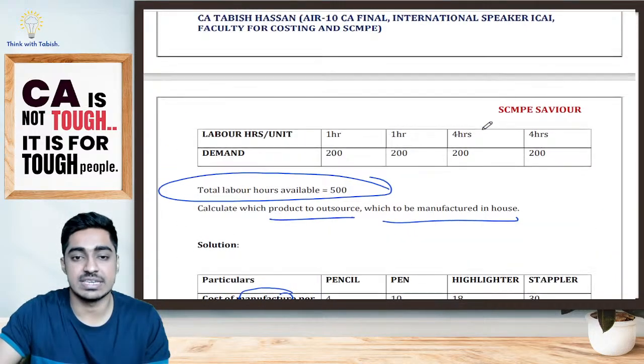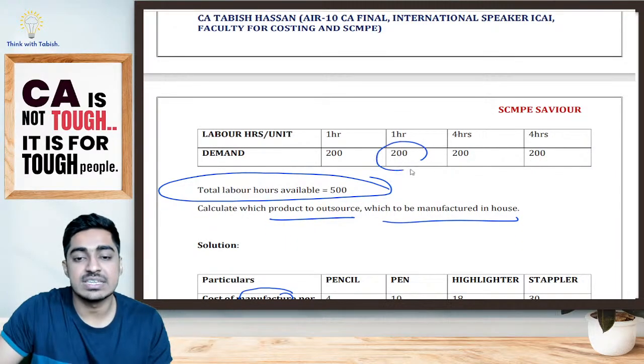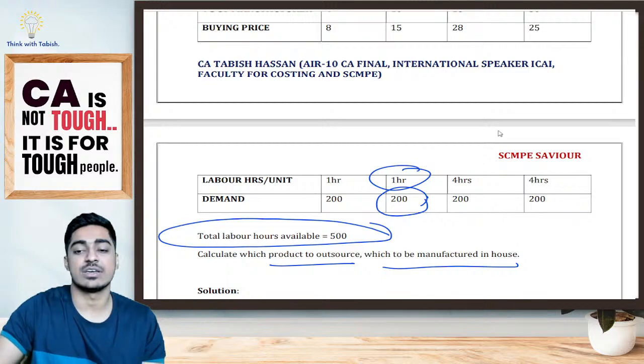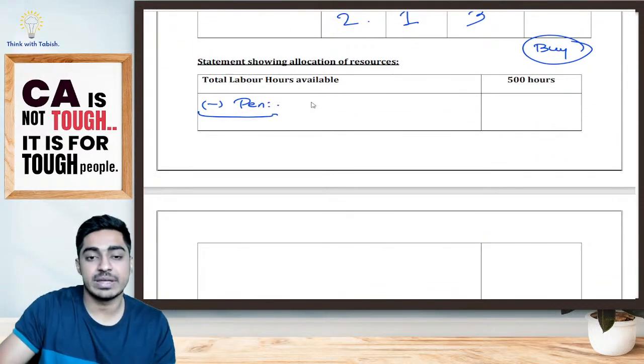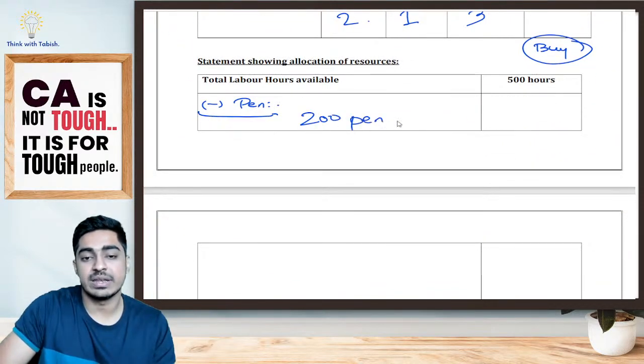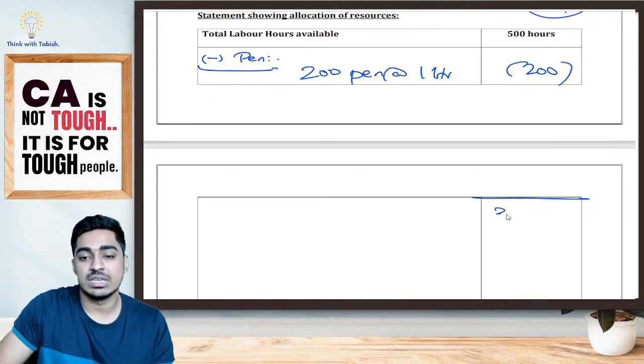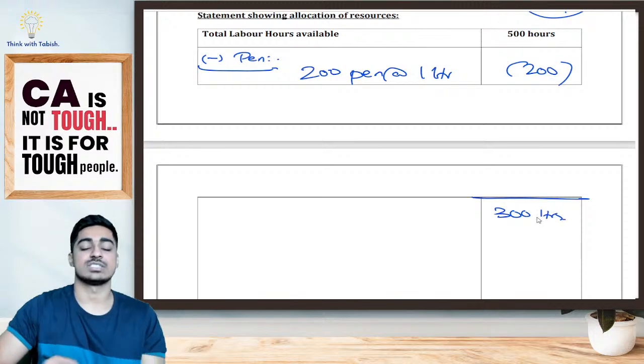How much pen is required? 200 pen is required. For every pen, 1 hour is required. So first we'll produce 200 pen at the rate of 1 hour. We'll use 200 hours. So out of 500 hours, 200 hours we've used. 300 hours is there.